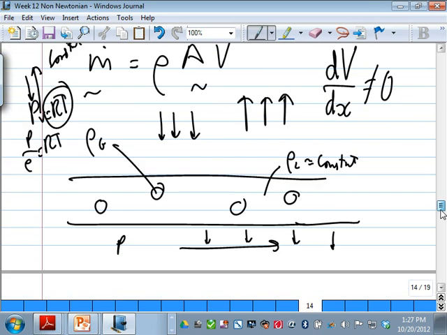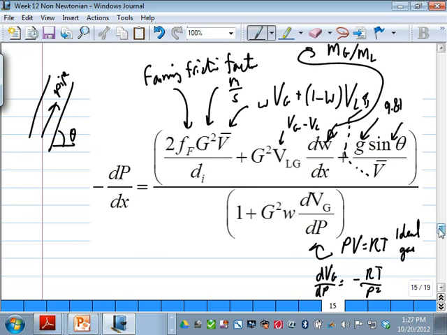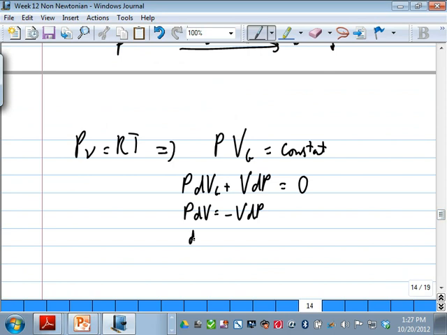What we wanted is dV on dP, which is equal to minus V over P. Is that correct?